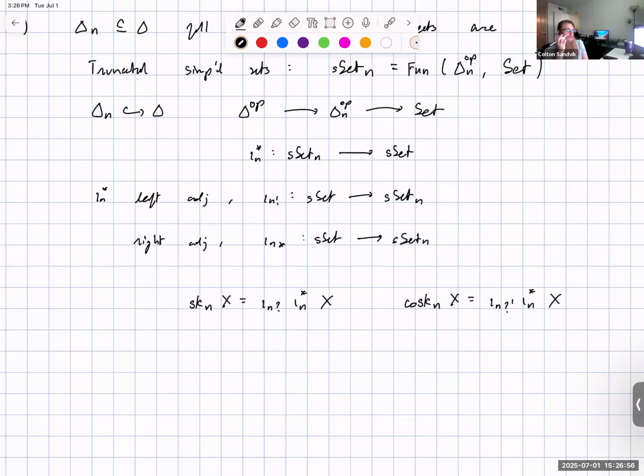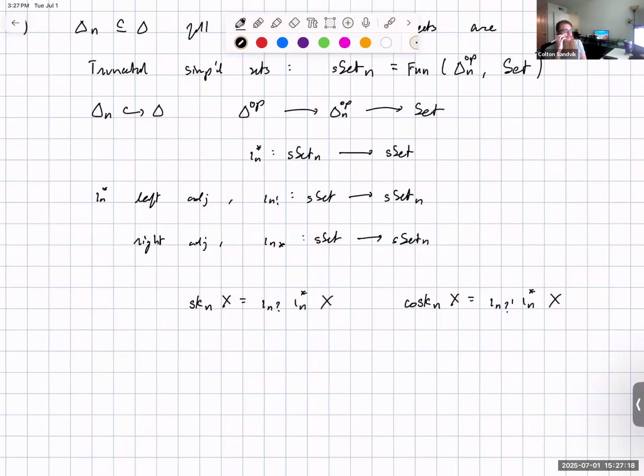So simplicial sets are pre-sheaves, and you have a restriction functor for pre-sheaves. You have a direct inclusion for pre-sheaves on closed sets, and it admits a left adjoint and a right adjoint.